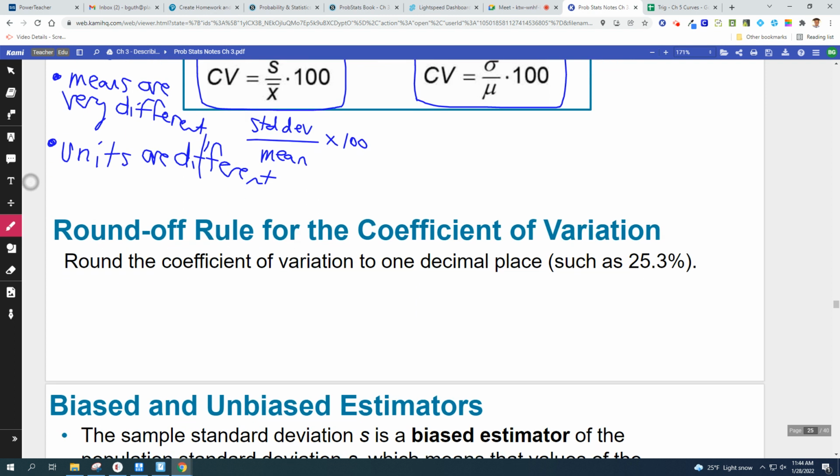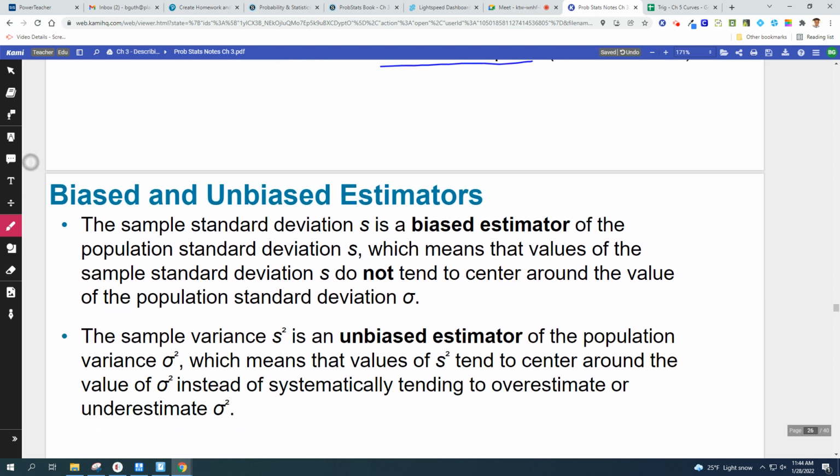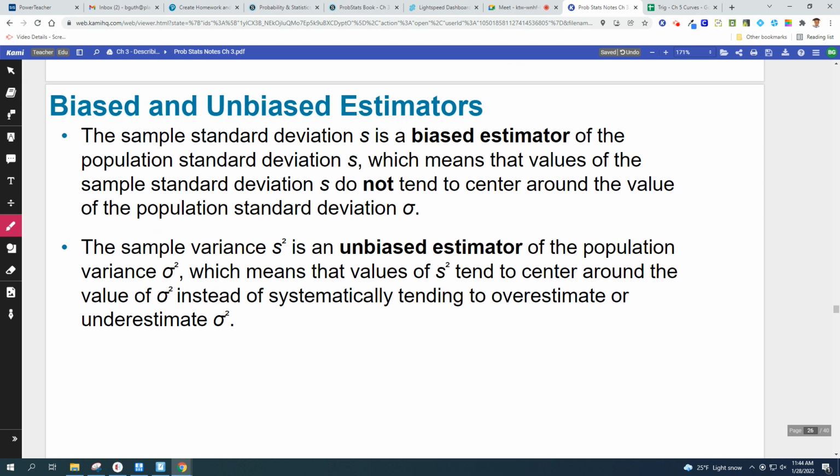Okay, real quick, round off rule. It says round the coefficient of variation to 1 decimal place. That's weird because the other rule said keep 1 more decimal, but this is just 1 decimal place.